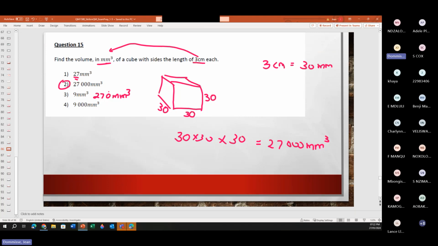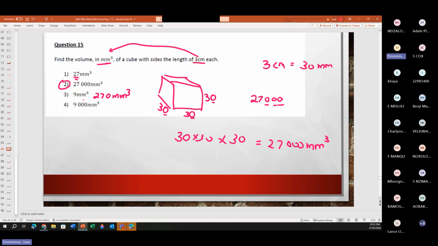So we add a 0, but actually we need to add 3 zeros. So it's not just the 1 zero to convert from centimeters to millimeters, because there are 3 sides, it's the 3 zeros.